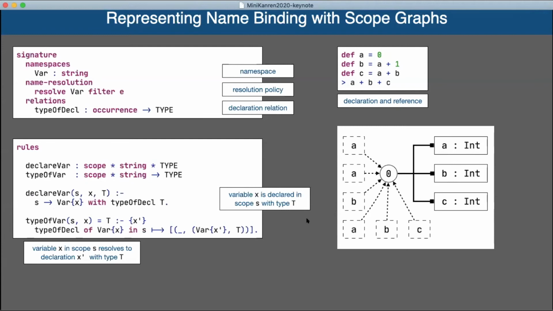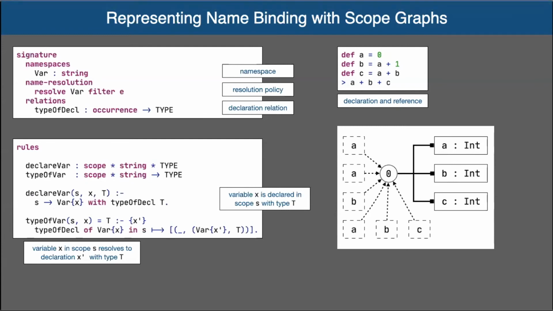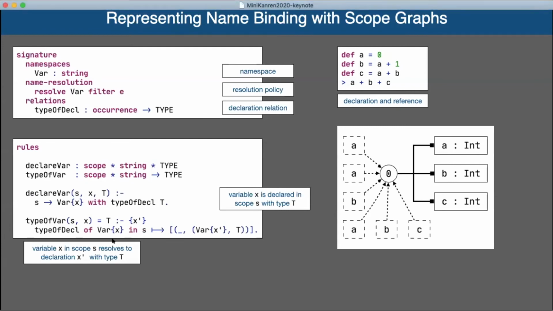And then we have type of var, and type of var is defined using a query that says, starting in scope S, find a path to a declaration X prime, which should have the same name as X, which is built into this query. And then, according to this type of Decl relation, which binds this type T to the variable, that is the type that we're producing as the result of type of var.